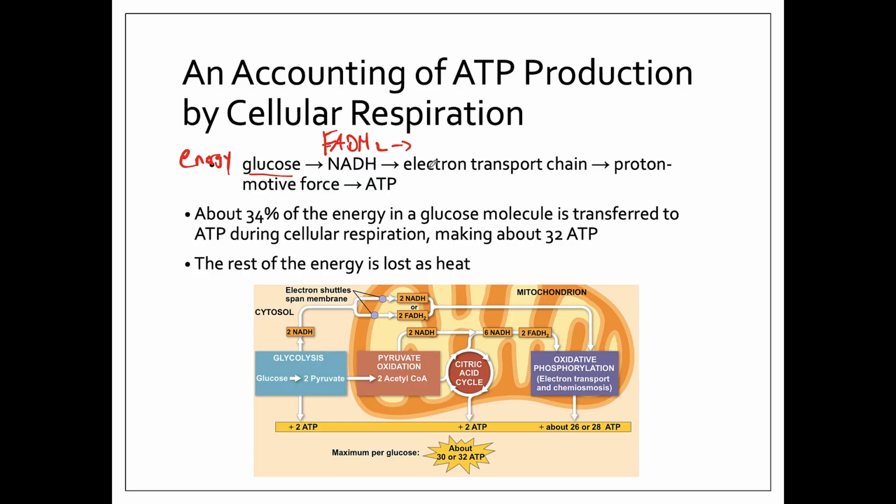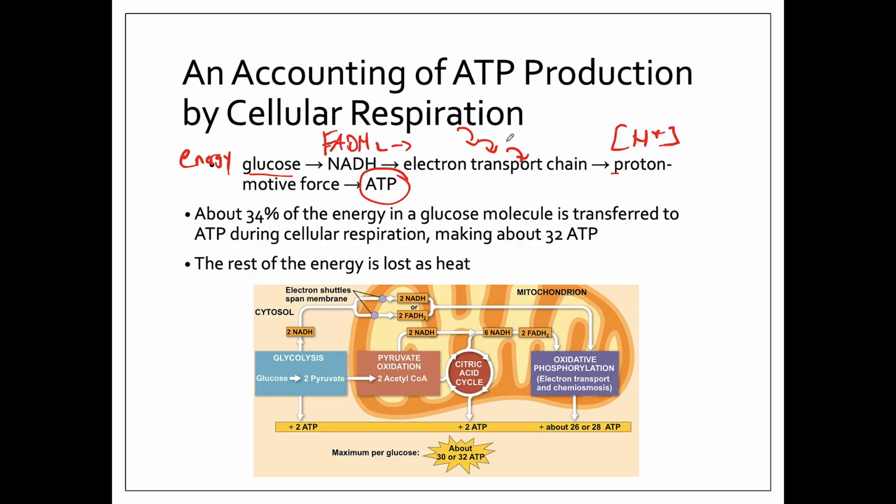Those then pass the energy to the electron transport chain, which is going to do those several stops in reduction of free energy. As the electron transport chain progresses, it creates a concentration of hydrogen ions. That's the proton motive force. And then eventually they go through ATP synthase to create about 28 ATP.